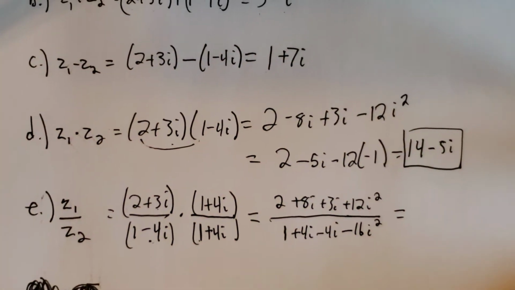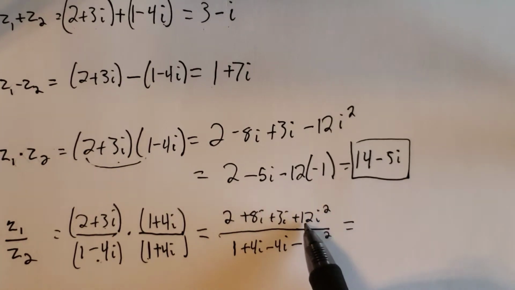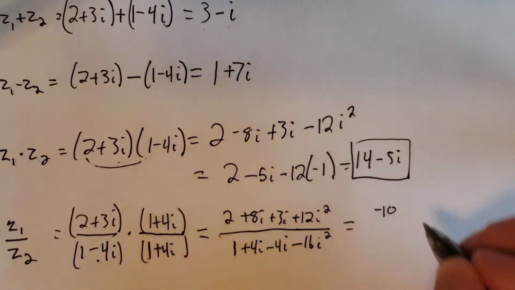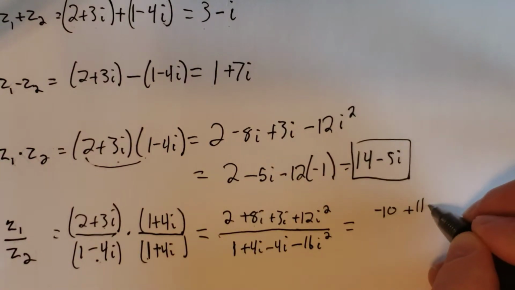Okay, so let's simplify here. 12i squared, i squared is negative 1, so this is a negative 12. Positive 2 and a negative 12 is a negative 10. We have plus 8i plus 3i, so that is plus 11i.